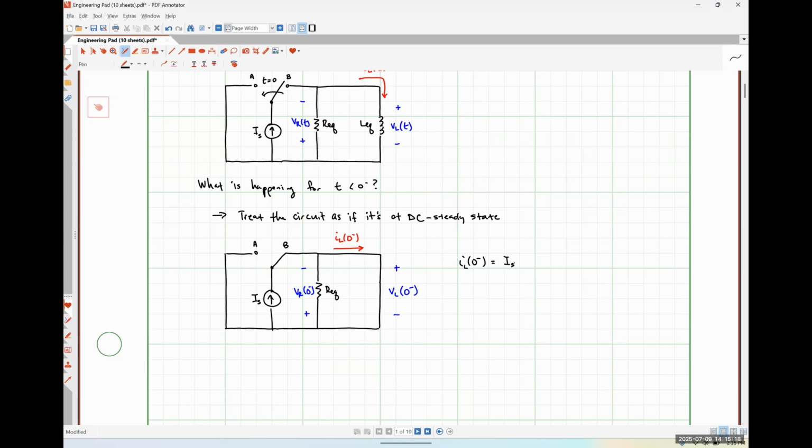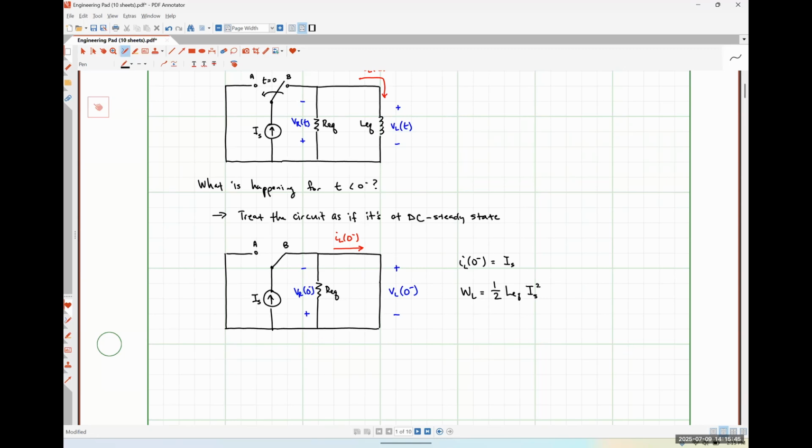Okay. So what does this mean for the inductor? Well, we know that the energy stored by an inductor, and actually, let me write this as capital W, since this is technically a DC quantity, is going to be 1/2 Leq times IS squared.